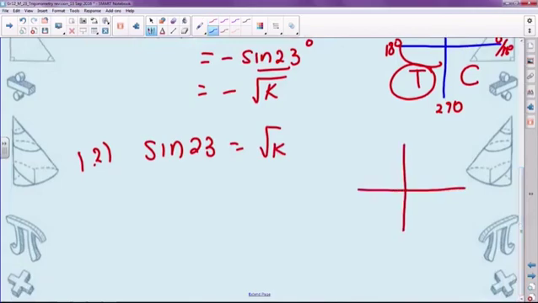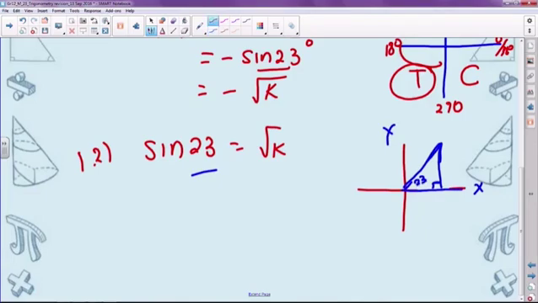So I can draw a triangle, a Pythagoras triangle, meaning that the vertical side is perpendicular to the x-axis. I just want to make that a little bit squarer. Okay, so that's perpendicular to the x-axis. And our angle 23 degrees is going to sit here inside the triangle.